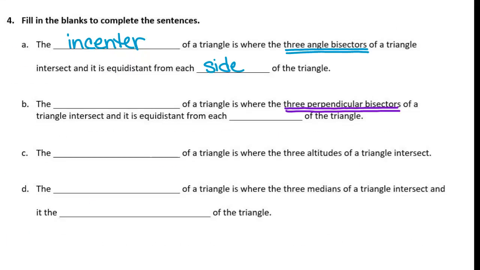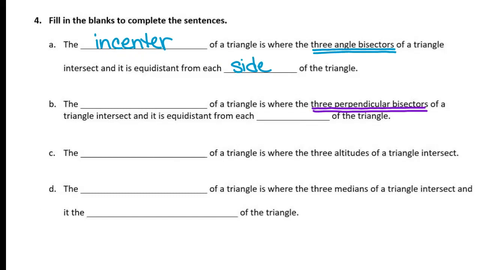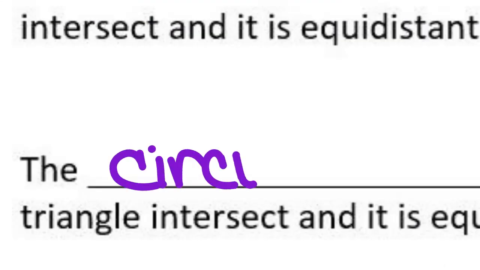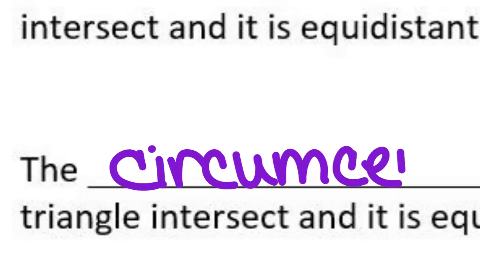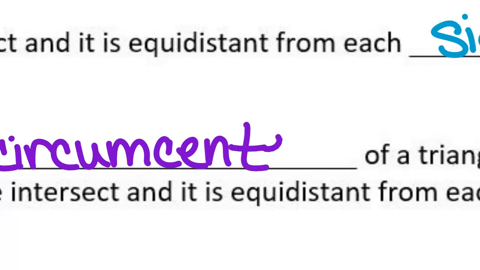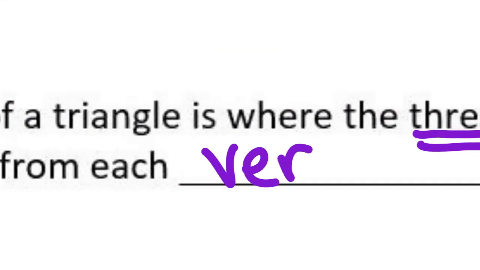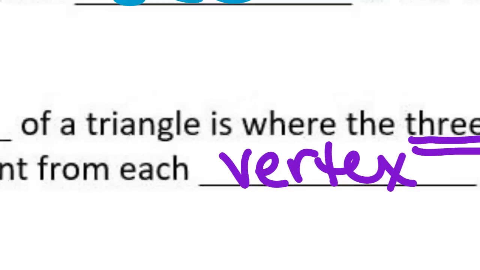Close, but no. It does start with a C, but it's not centroid. Circumcenter. Circumcenter is where the 3 perpendicular bisectors intersect, and it is equidistant from each vertex of the triangle.